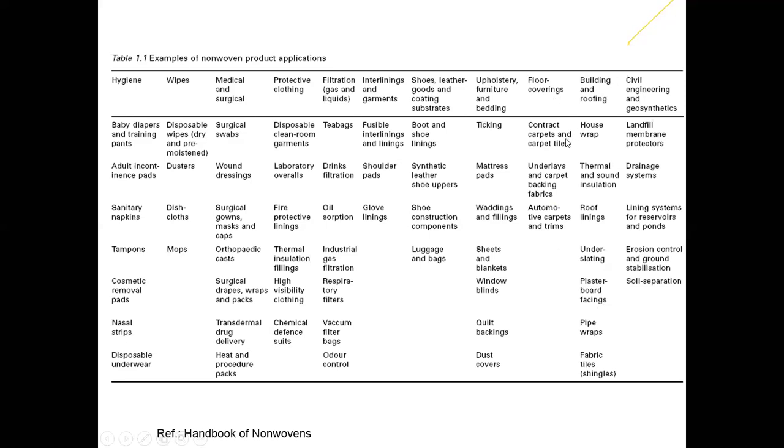In floor covering, contract carpets and carpet tiles, underlays and carpet backing fabrics, automotive carpets and trims. So in automotive textiles also, for insulation purpose or for carpet purpose, we are using non-woven fabrics. In building, house wrap, thermal and sound insulation.